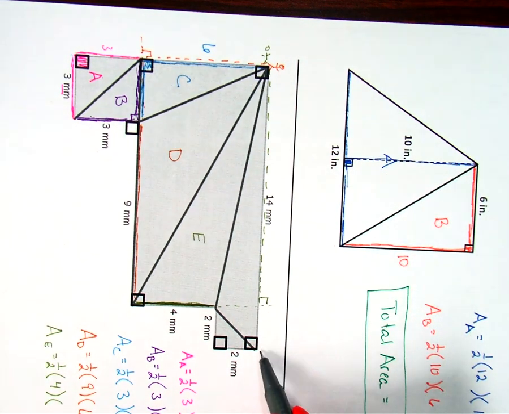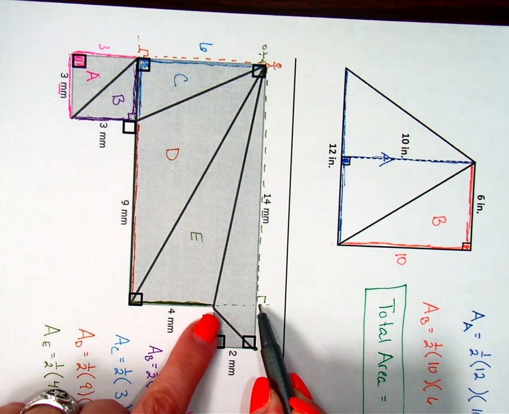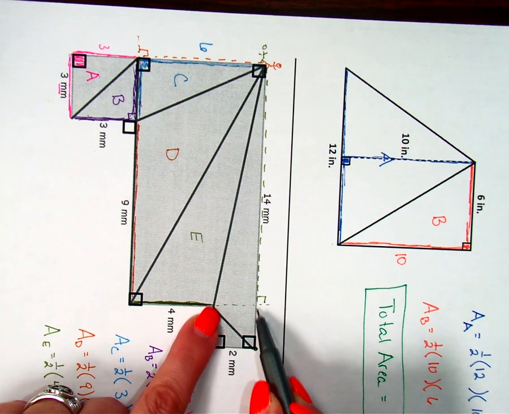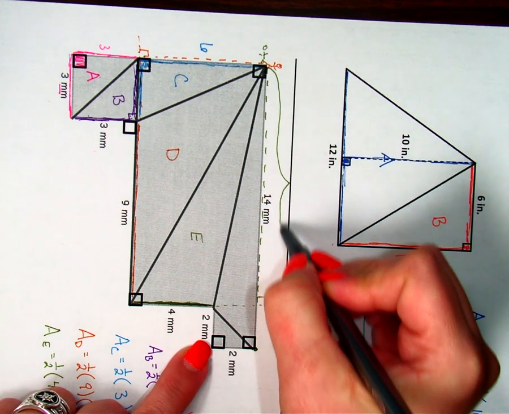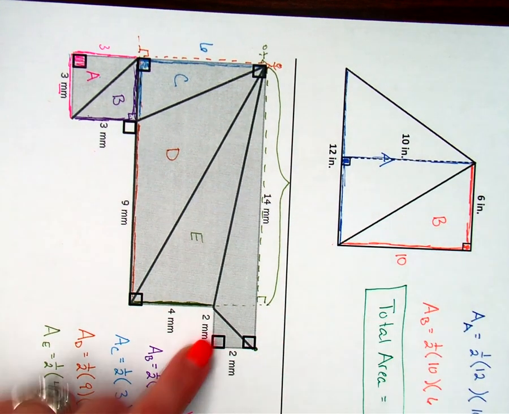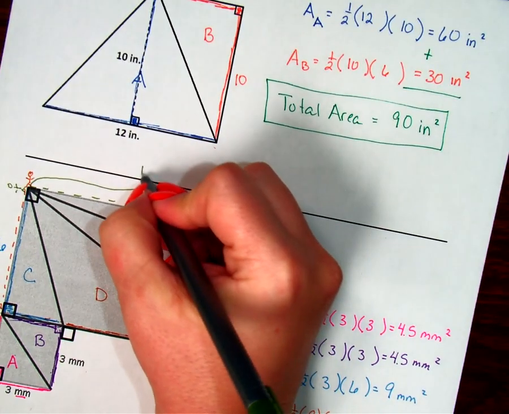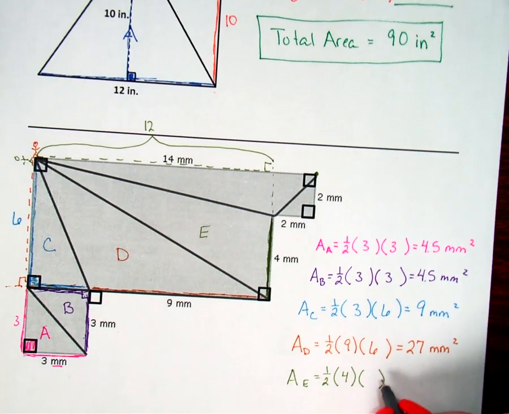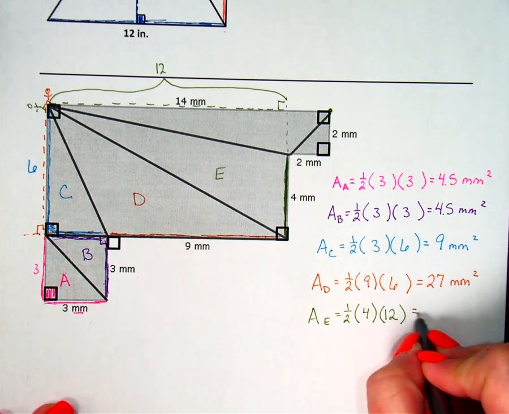Well, it's not going to drop that whole 14, right? Because 14 takes me all the way to here, but I'm only going to here, so I'm going 2 less than 14. So this length that it's going to fall is not 14, but 14 minus these 2, so that is 12. Okay, so that distance there is 12.